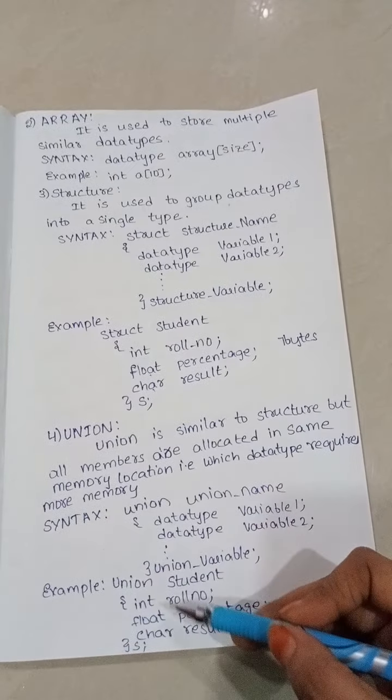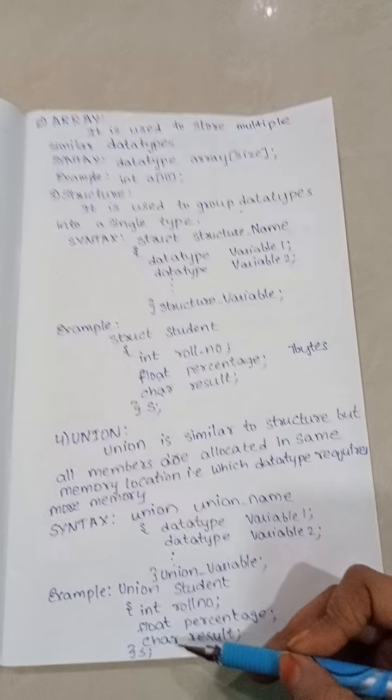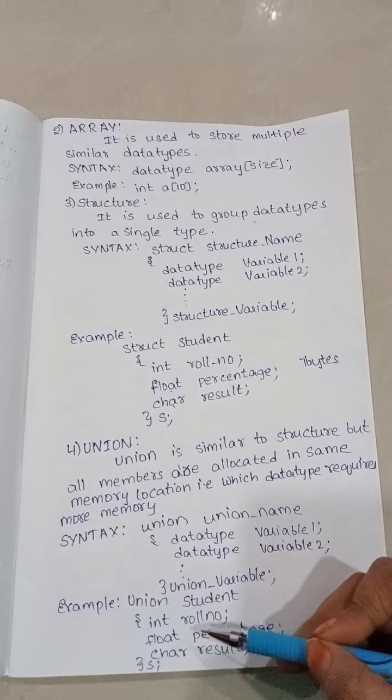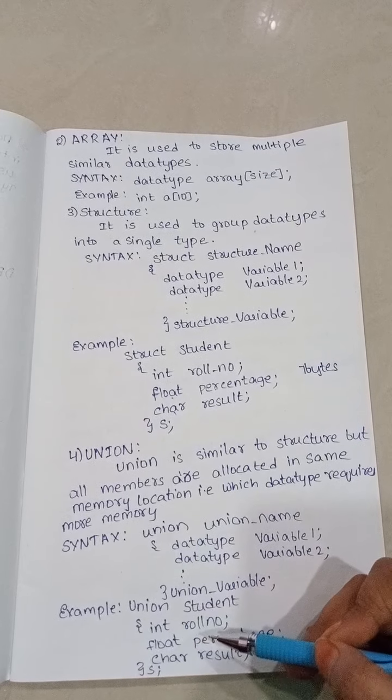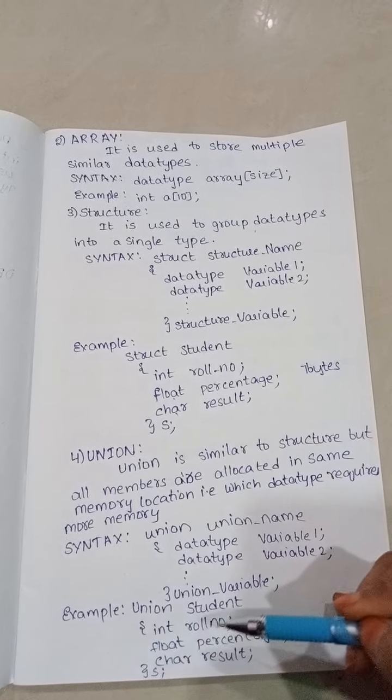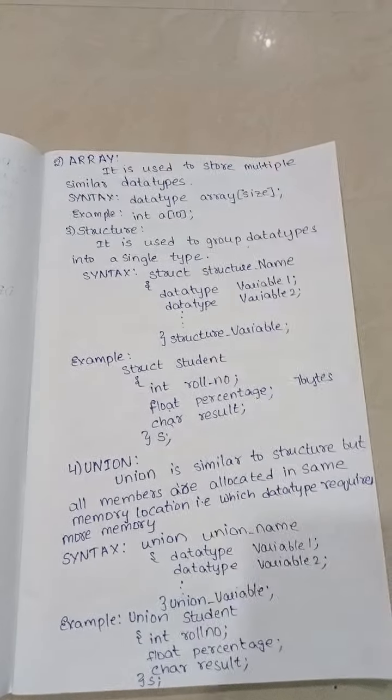Here we have int, float, and char. Which one will allocate more memory? Float. Float will have 4 bytes of memory allocation. In a union, it will store all the information in those 4 bytes only.